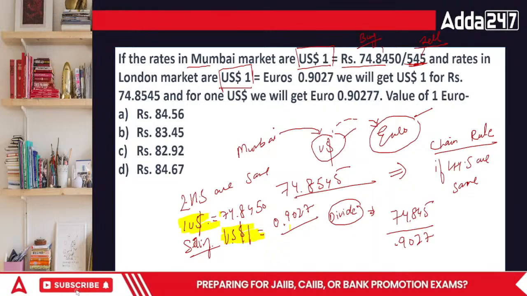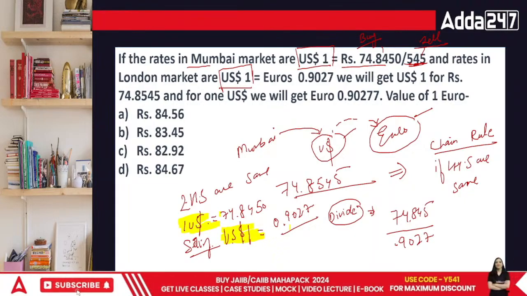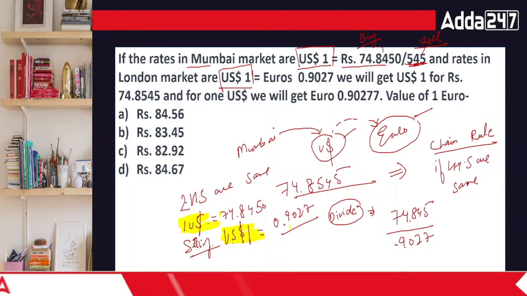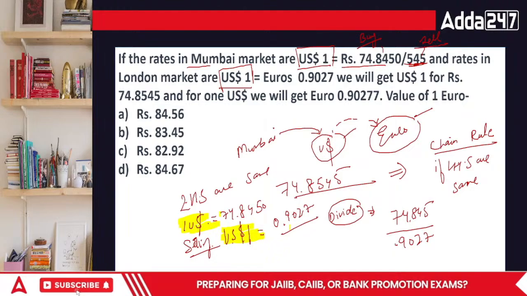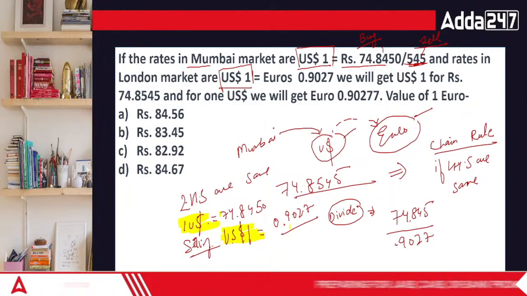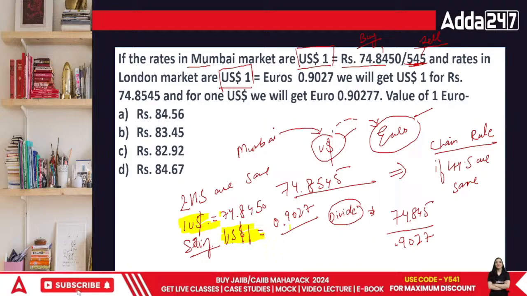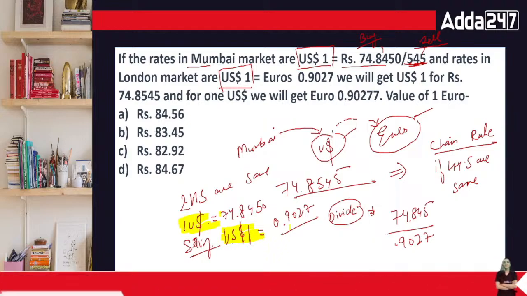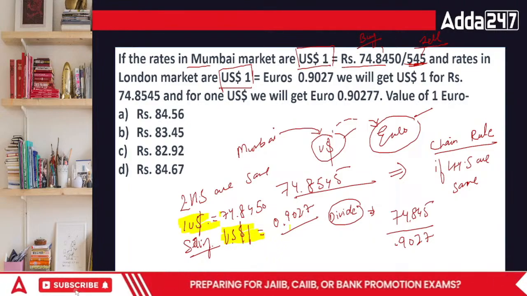Let's just calculate this portion. It is 74.8545 divided by 0.9027. It gives us 82.92. My answer is C. This is the chain rule, everyone.